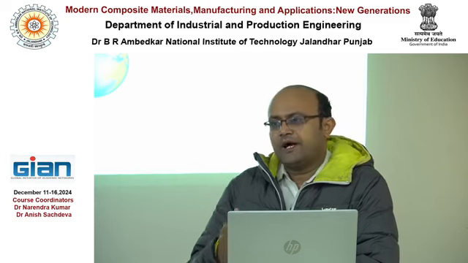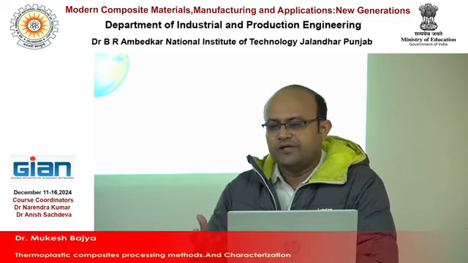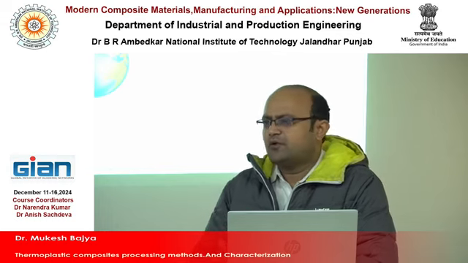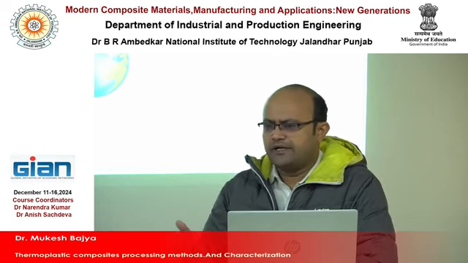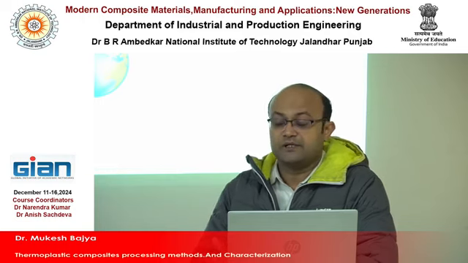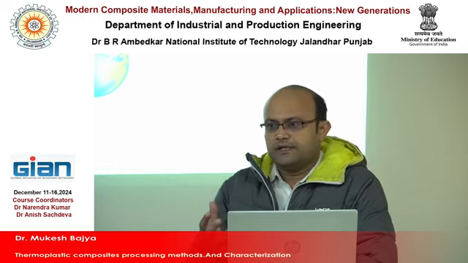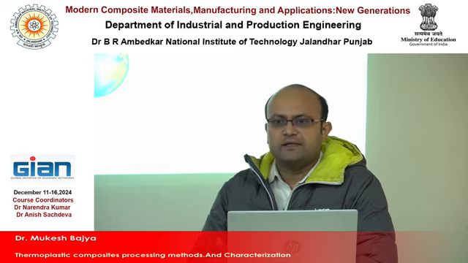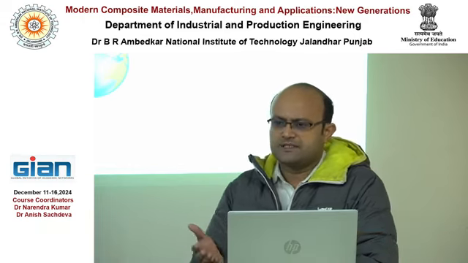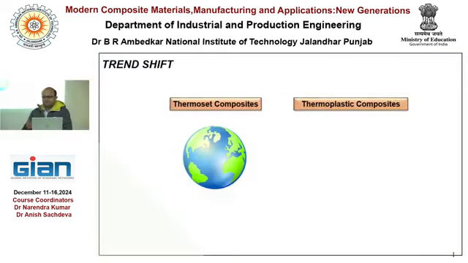So why are we talking about thermoplastic composites nowadays? Because initially thermoset composites were widely popular, and the main concern with the thermoset composite is that it is not environment friendly and sustainable in nature, because after 10, 15 or 20 years you can't recover the matrix again, you can't reprocess that material so that you can use it in another form.